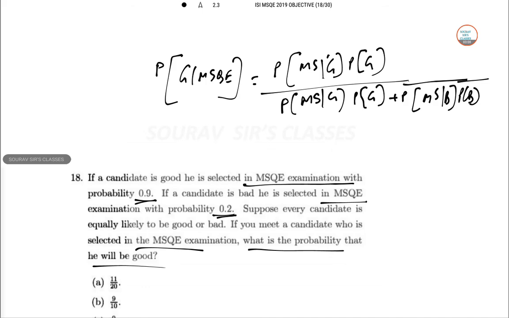Okay, so now you can put in these values. A candidate who is good is selected in the MSQE examination with probability 0.9.